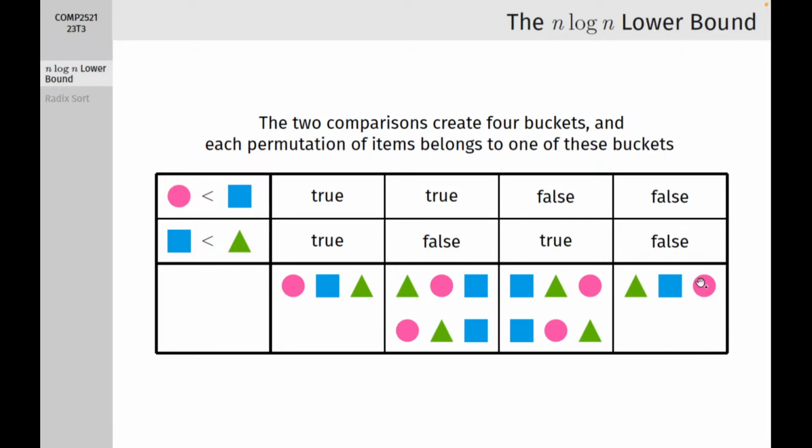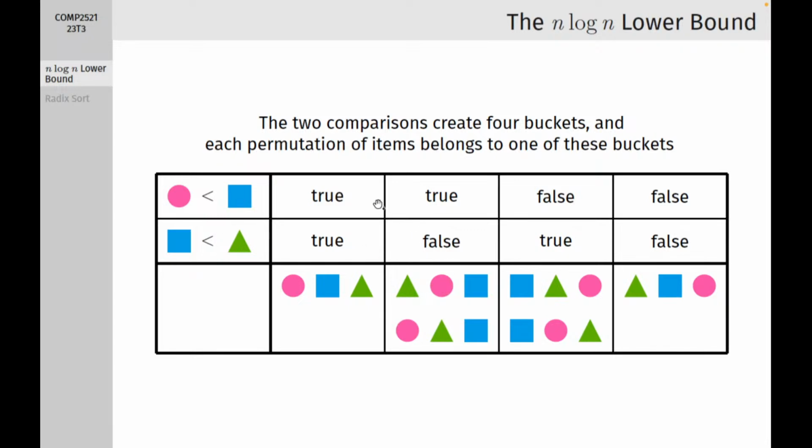But if one of the comparisons is true and one of them is false, then there are actually two permutations that satisfy that.